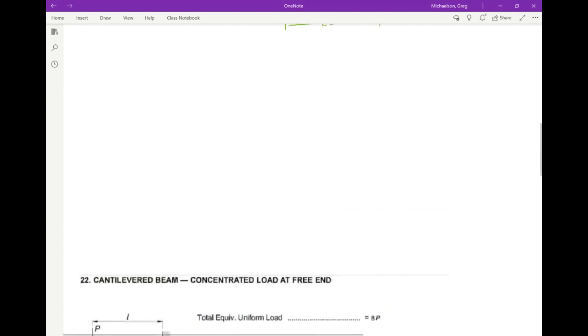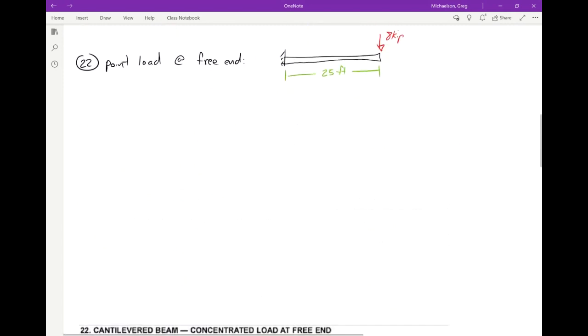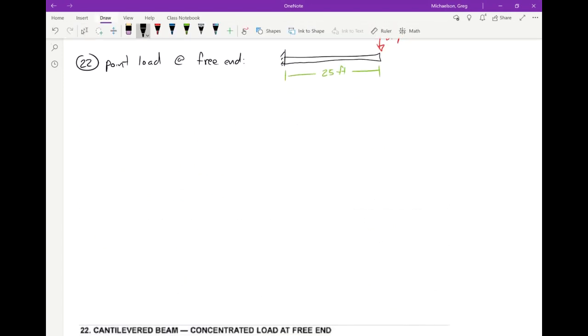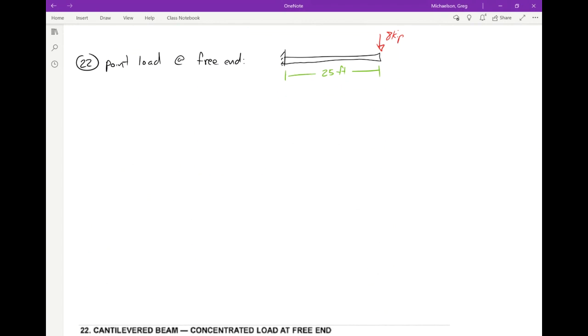So we go through a similar set of calculations. Again, we don't just willy-nilly use formulas. We use the formulas that are appropriate to those cases. So we'll call this V2, M2, deflection 2. Let's make sure that we got our parameters. P is 8 kips.